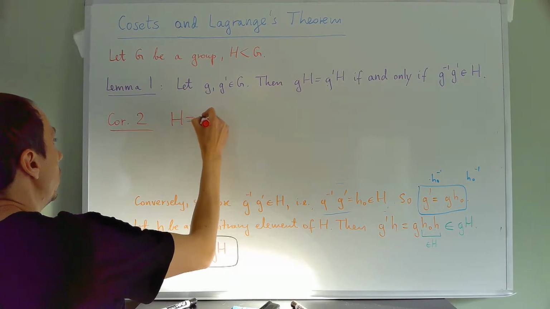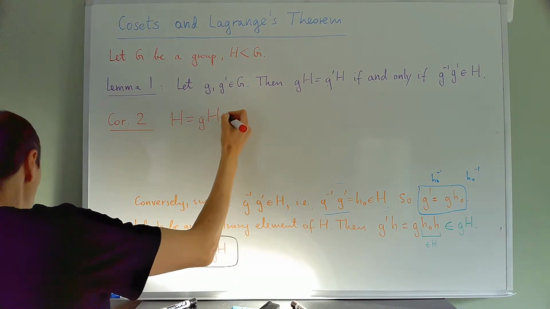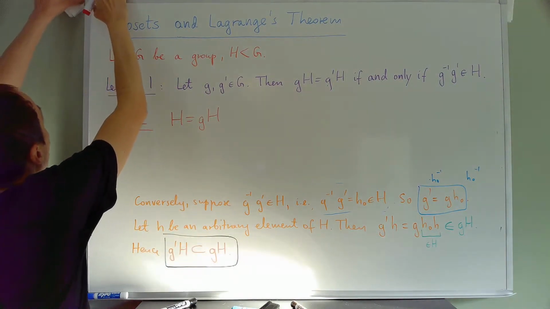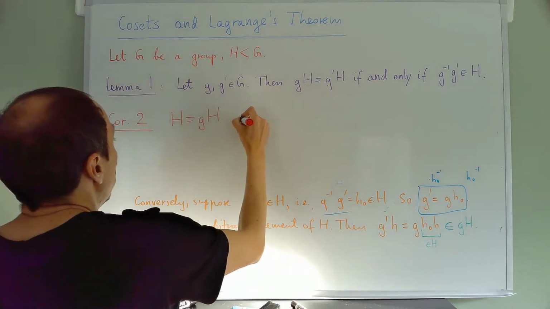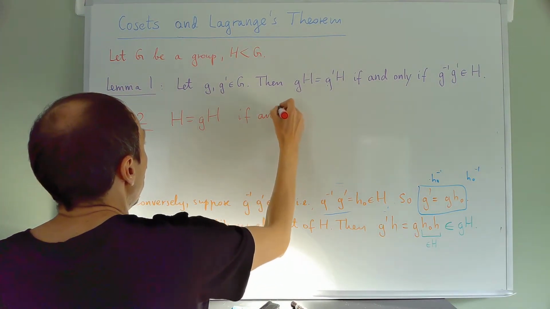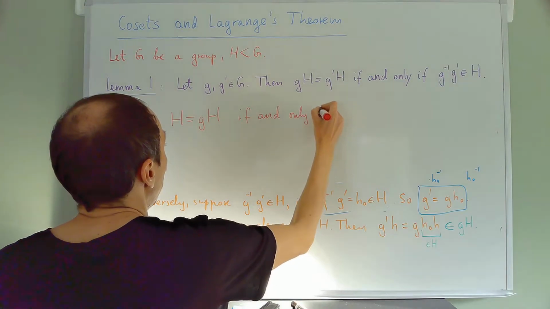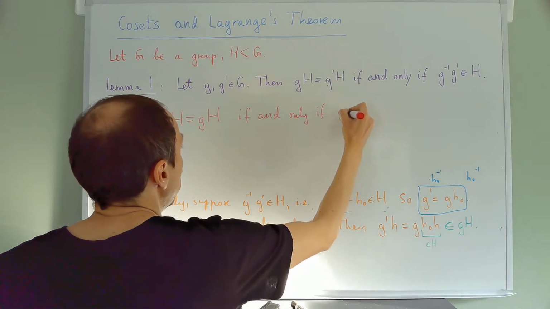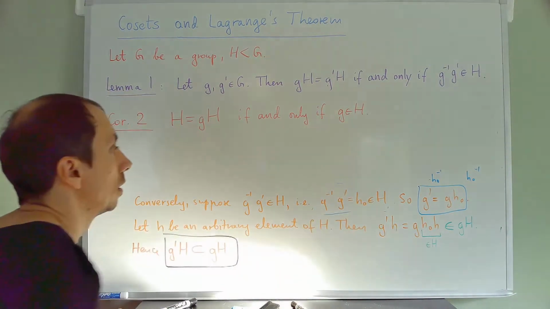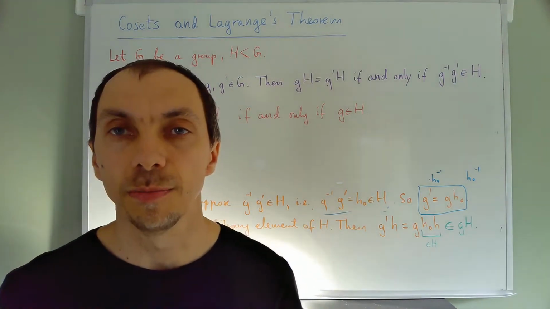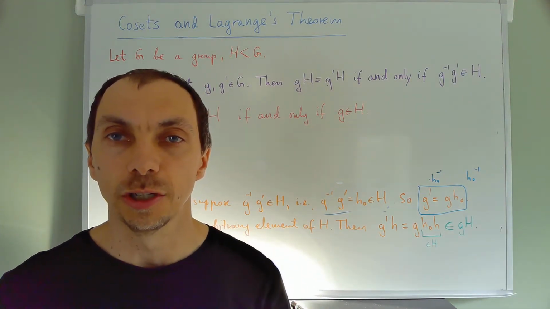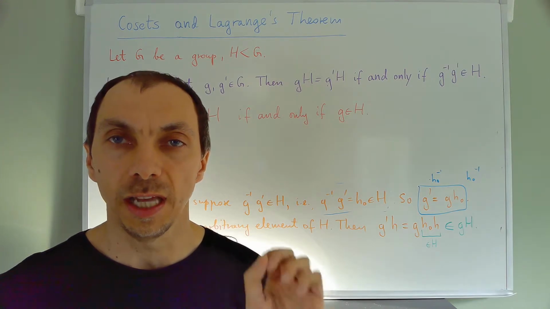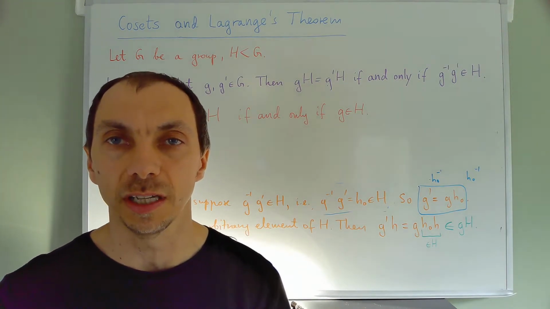H is equal to GH if and only if G is in H. We've seen this already in examples. When I took an element of H and I did that element times H, I actually always got H.